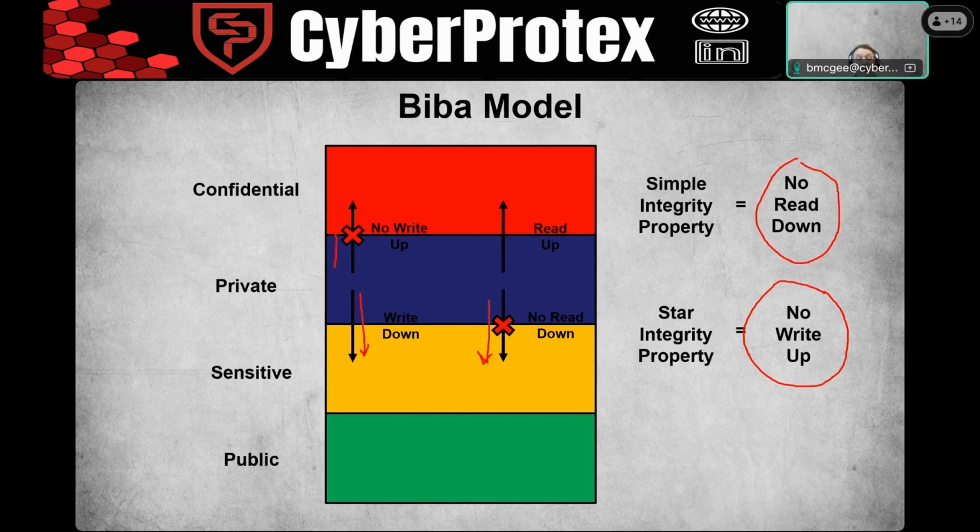If the rule is a star or an asterisk, it's about writing, okay? Reading is simple, a star or an asterisk is writing. So now you just need to remember the reading and writing directions per the models. You can thank me later.